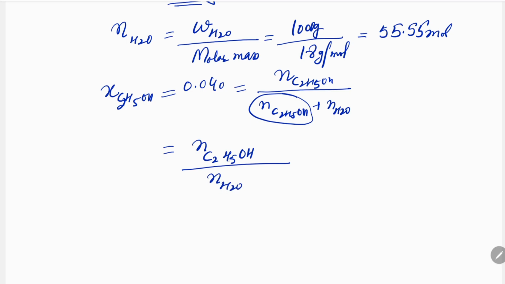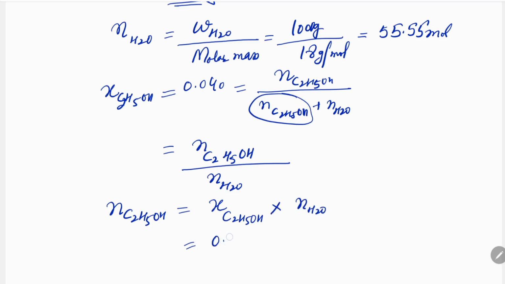We do not know the number of moles of ethanol, so we have to calculate it. Number of moles of ethanol is going to be equal to the mole fraction of ethanol multiplied by the number of moles of water.